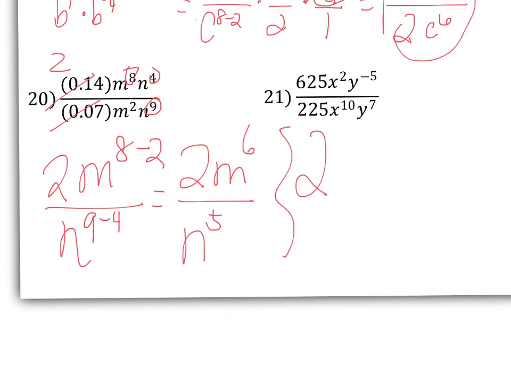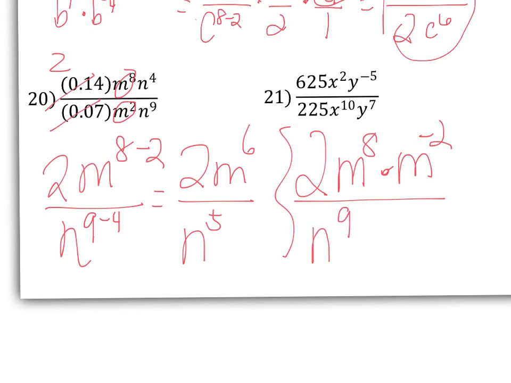2, okay, let me erase this. And since m to the 8th power is bigger, I will move m to the 2nd power to the numerator. So that gives me a negative power of 2. And then keep n to the 9th power in the denominator and bring n to the 4th power to the bottom. And that will give me a negative 4. Okay.